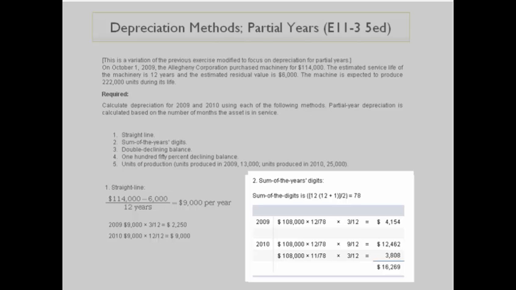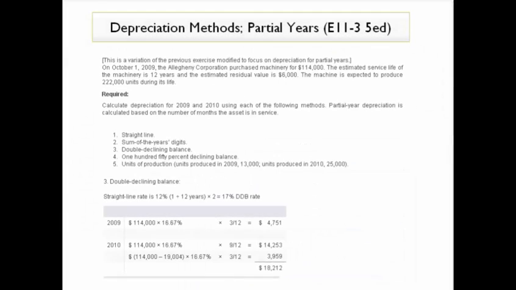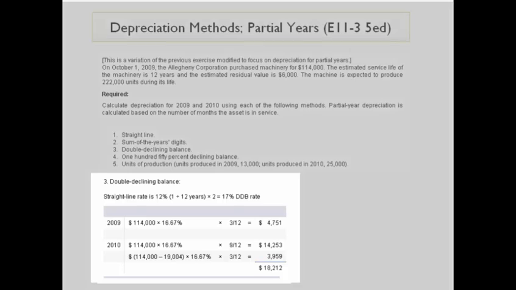And we multiply the 108,000 times 11/78 and take that times the 3/12, which represents the last 3 months of 2010. We add those two pieces together, and we come up with the 2010 depreciation as being $16,269.